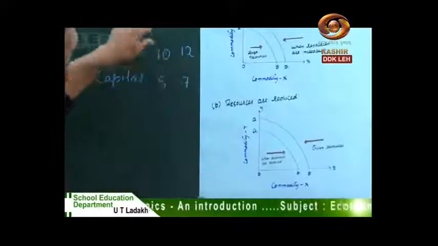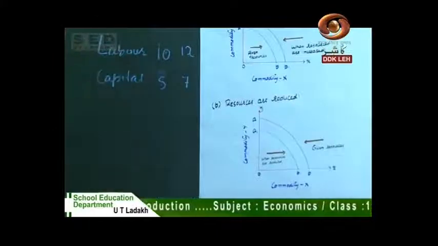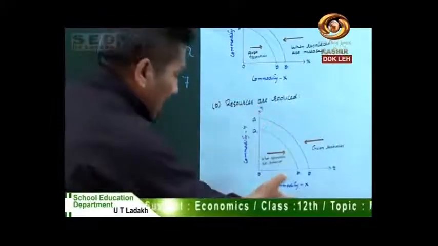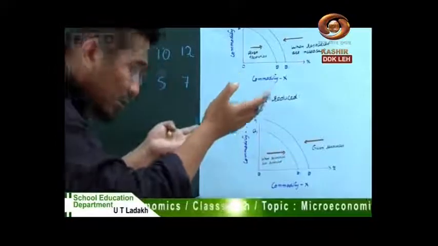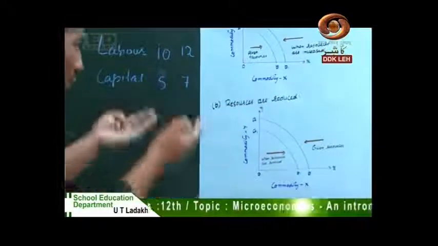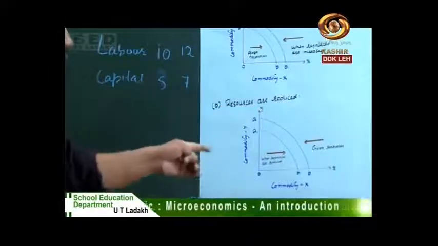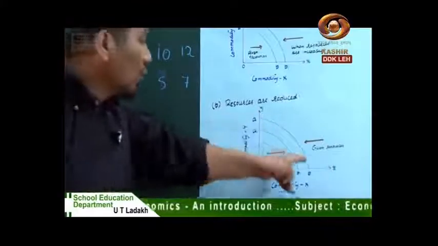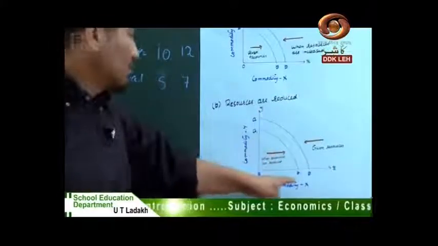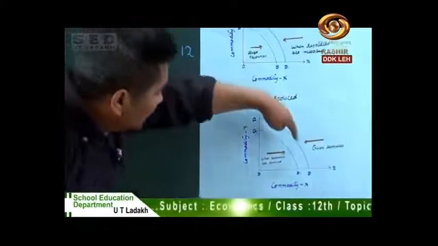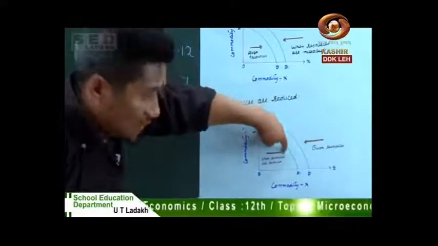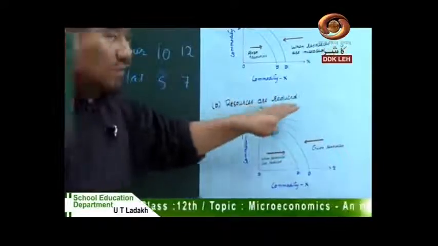So due to reduction in these resources, the production of commodity X and commodity Y reduces. Production becomes low. Therefore, the production possibility curve shifts from AB to A1 B1. That is, it shifts from here to here due to reduction in resources.